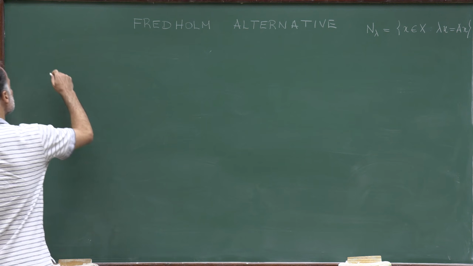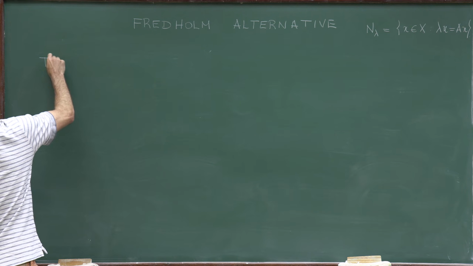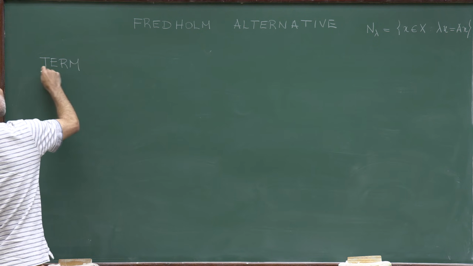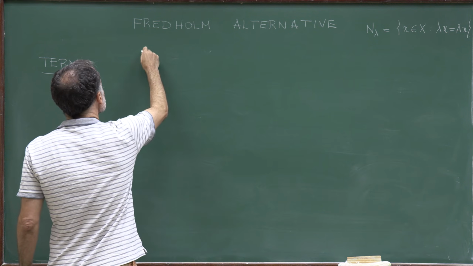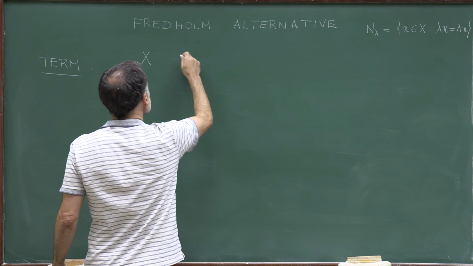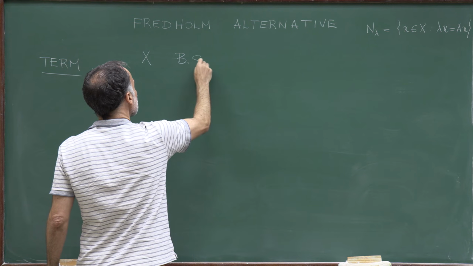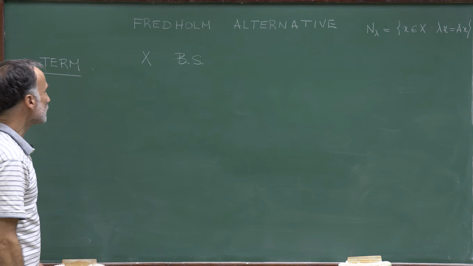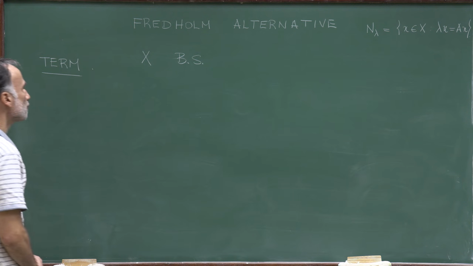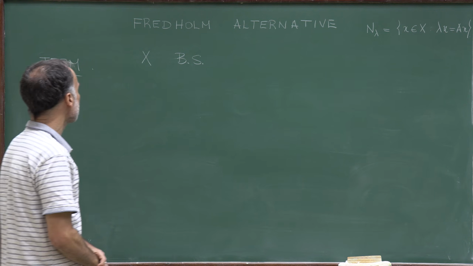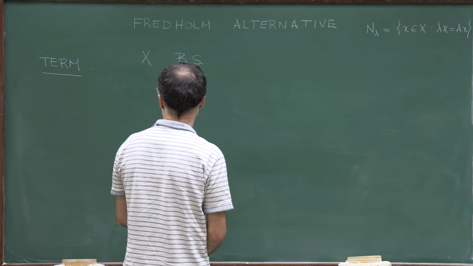So I need some terminology to complete this lecture. Here, X can be a Banach space, though we are working on Hilbert spaces, but all these definitions can be introduced in a Banach space.